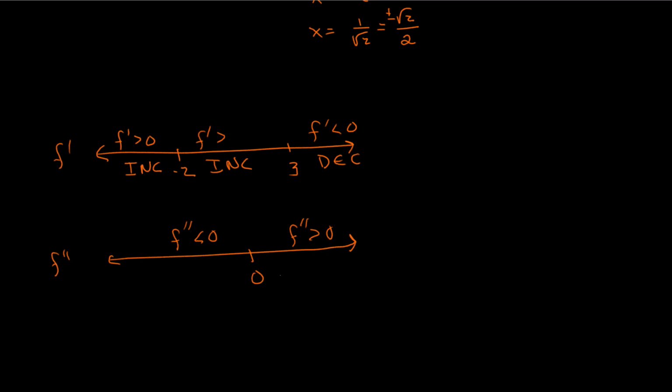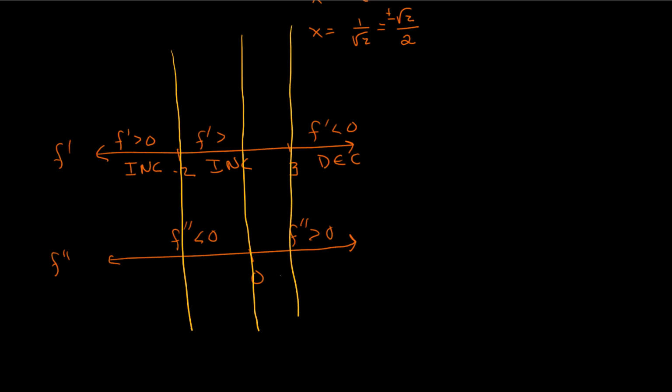Now notice that between the first and second derivatives, you have a segment to the left of -2. You have a segment between -2 and 0. You have a segment between 0 and 3, and then you have a segment to the right of 3.